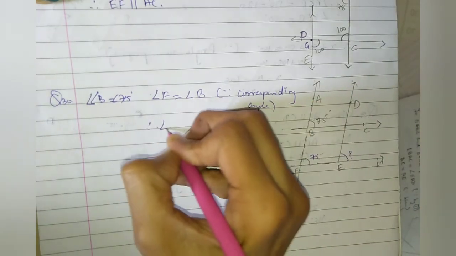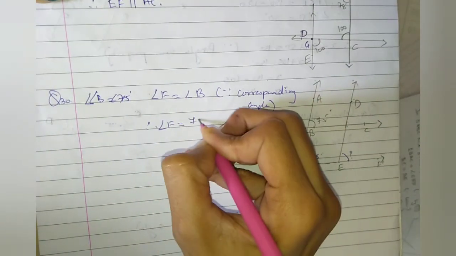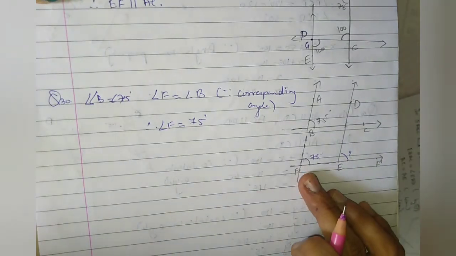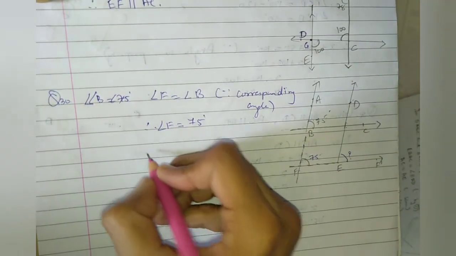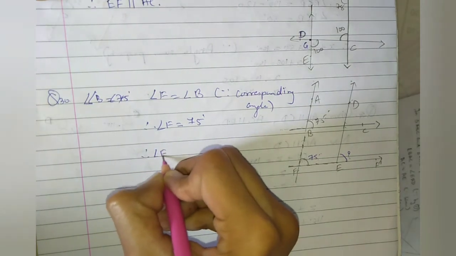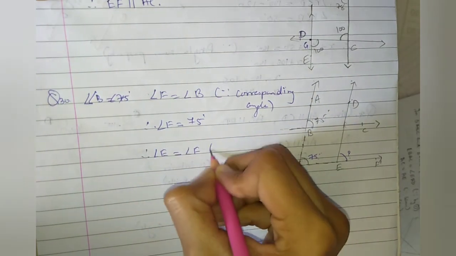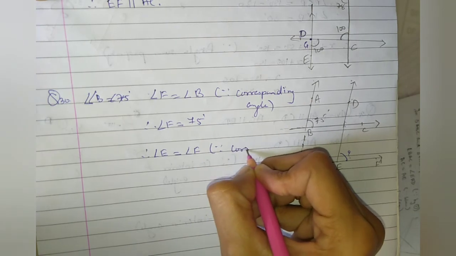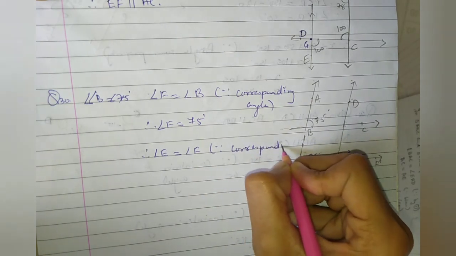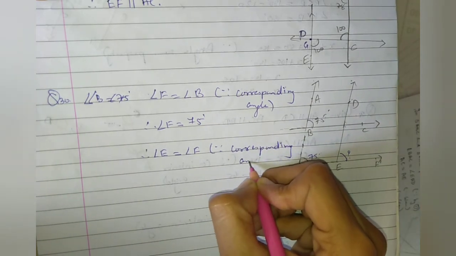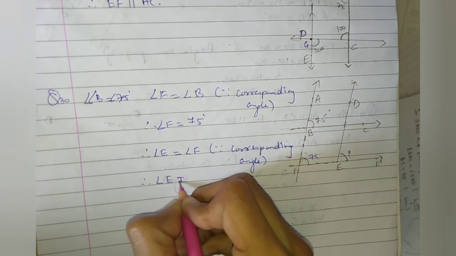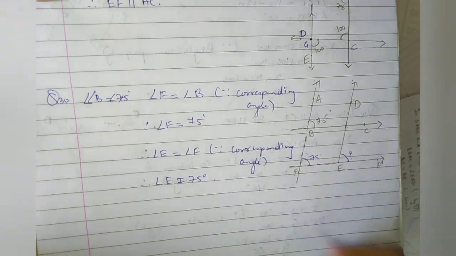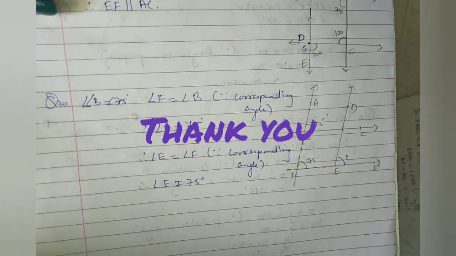Therefore angle F equals 75. Now angle F is 75, so we can say angle E is also 75. So angle E equals angle F. Why? Corresponding angle. Therefore angle E equals 75 degrees. Okay. Thank you for watching this video.